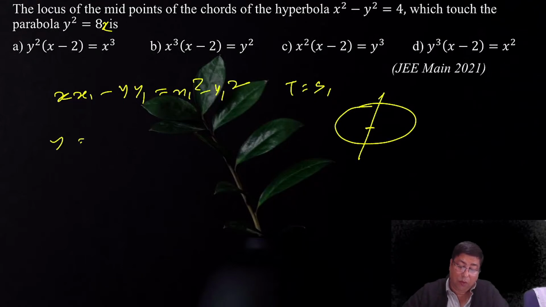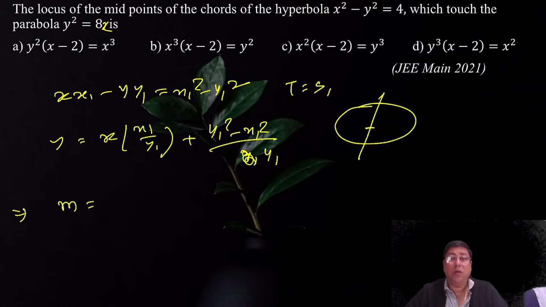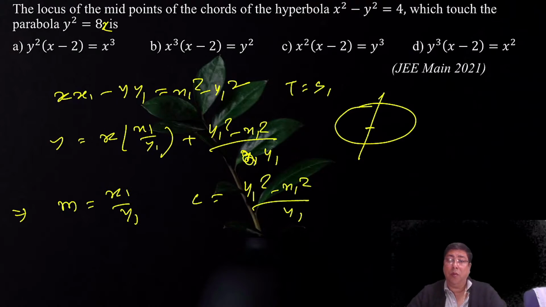So y equal to x into x1 by y1 plus y1 square minus x1 square by y1. So we can say it is in y equal to mx plus c form. So m equal to x1 by y1 and c equal to y1 square minus x1 square by y1.